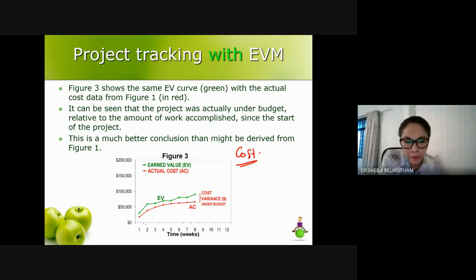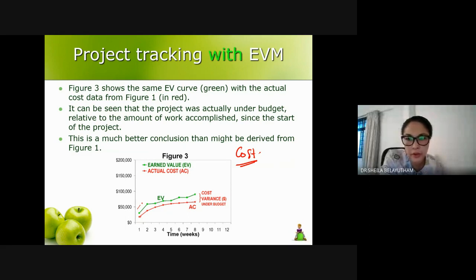Let's say for week 1, this is the earned value, the work that you have performed and its budgeted cost. However, on site, for whatever you have performed, you have actually spent this much. So it gives you the comparison between the earned value and actual cost, the cost variance.